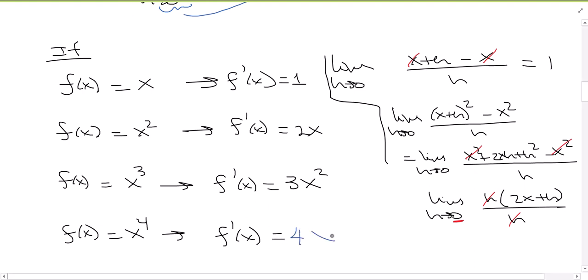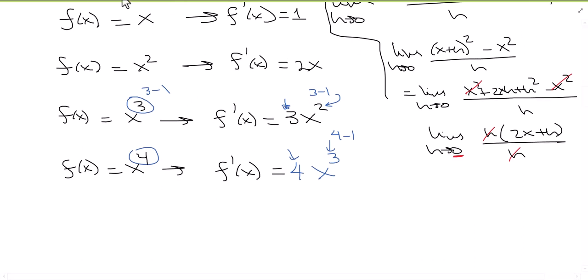Yeah, it's going to be 4x to the third. So notice that what we're doing is taking the exponent and bringing it to the front and then decreasing the power by 1. Here, take the exponent, bring it to the front, and this came from doing 4 minus 1.